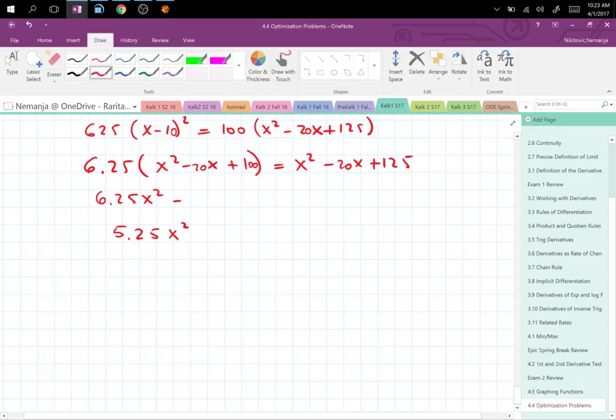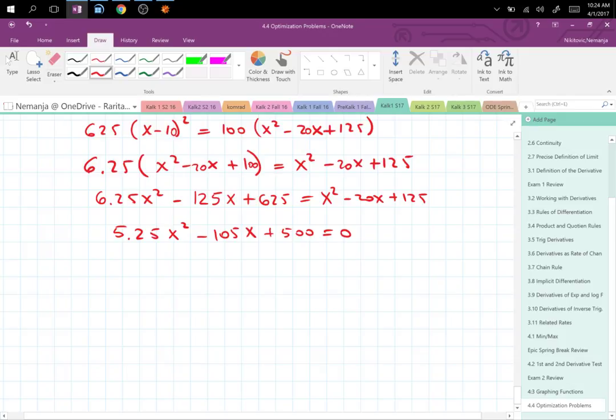So that was 20. Awesome. So what do I have? This was 12.5, so 125x plus 625 is equal to x squared minus 20x plus 125. So that's 525 minus 105x plus 500 equal to 0.